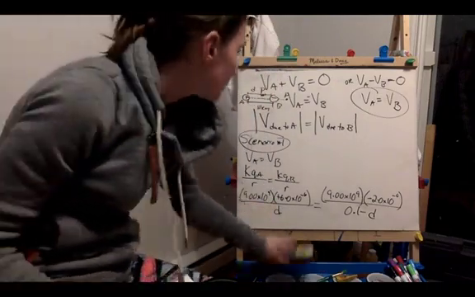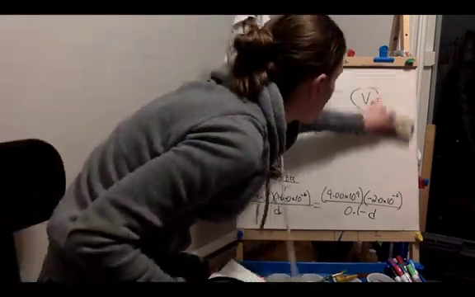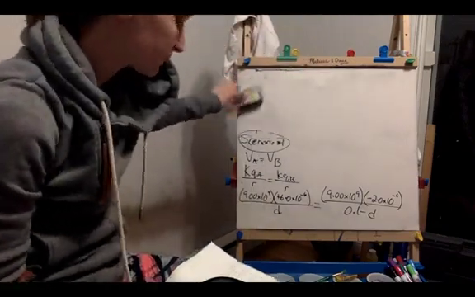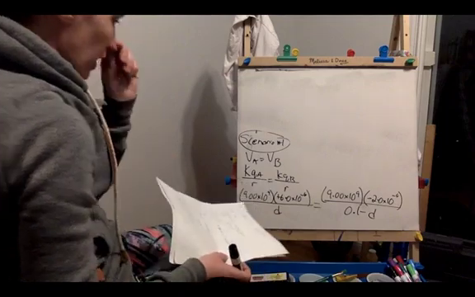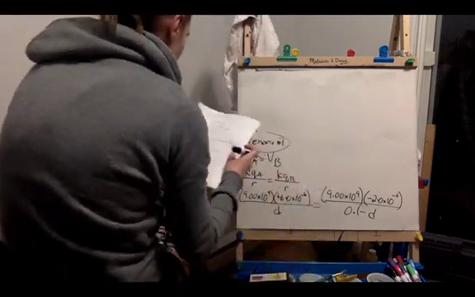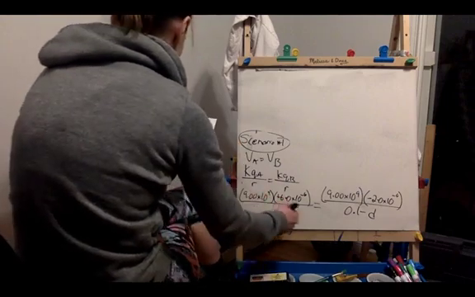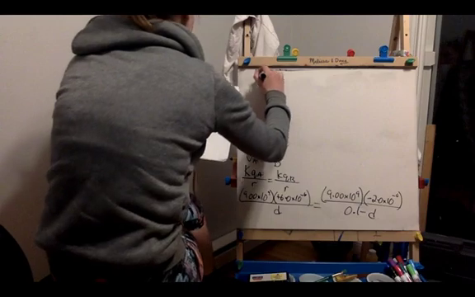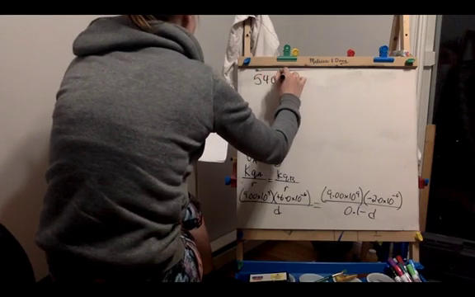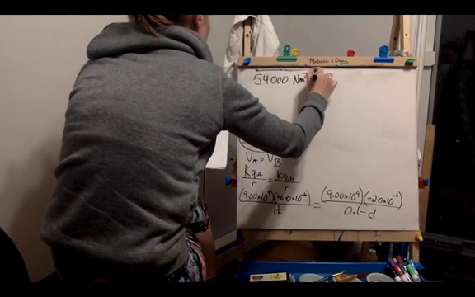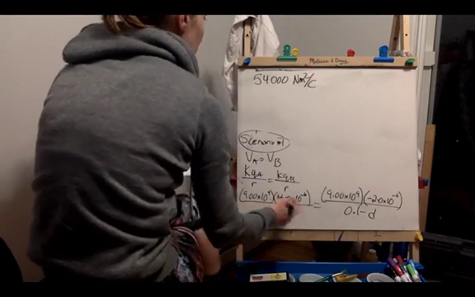At that point, we need to cross multiply to solve. So I can do this math and this math, and what you get is 54,000. Units here would be Newton meters squared over coulombs, because one of these coulombs cancels with this one.